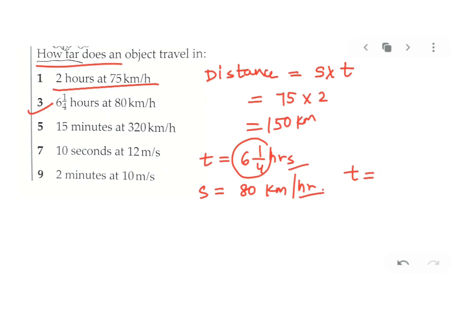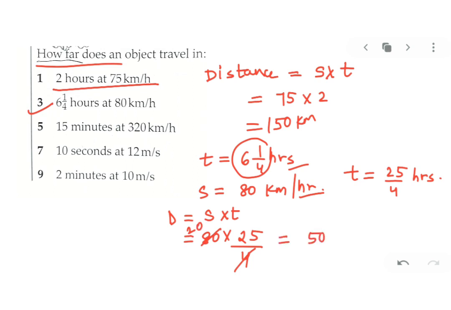So we'll take 6 4s are 24 plus 1, that will make 25 upon 4 hours. Now your distance is same, speed into time. Your speed is 80 and your time is 25/4. So your distance is 500 kilometers.